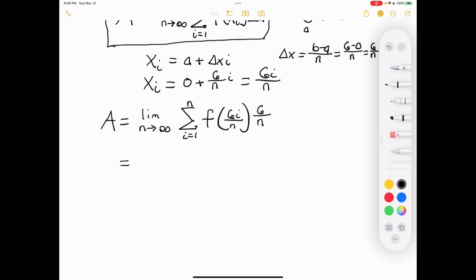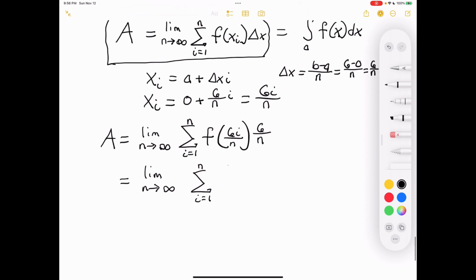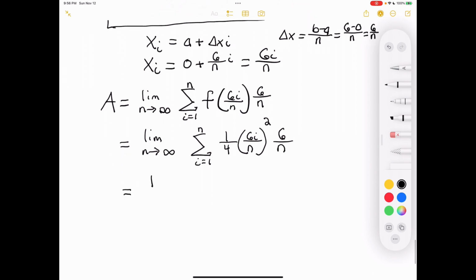So, f of 6i over n, the original function is just 1/4 x squared, so we're just going to plug that in. Now, from here, this is just algebra, at least until the end when we take the limit.